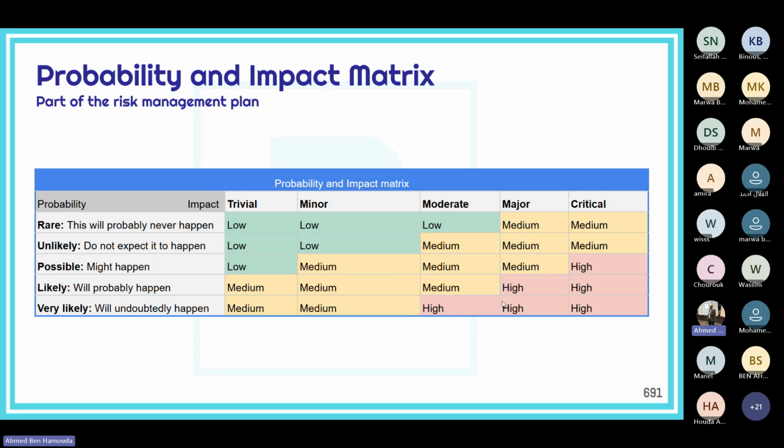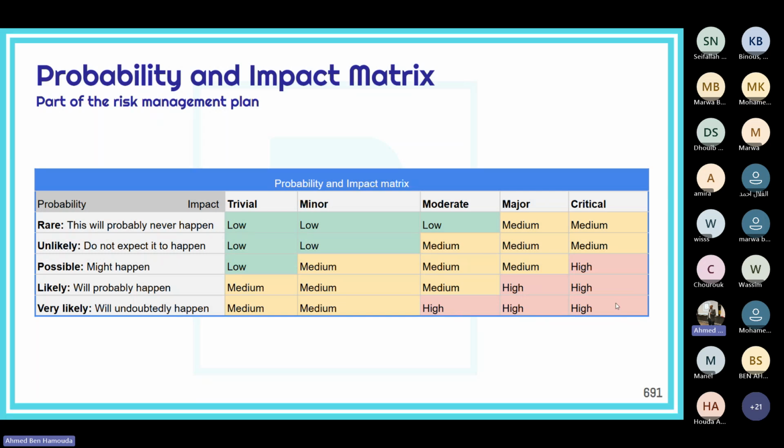Now, in risk management, once you have defined this matrix, you will go ahead and analyze the probability of happening and the level of potential impact for the identified risks which you have in your risk register. And once you know the level of your risks, you will start with focusing on your high risks.